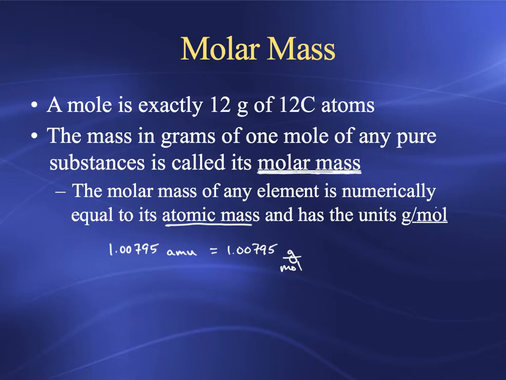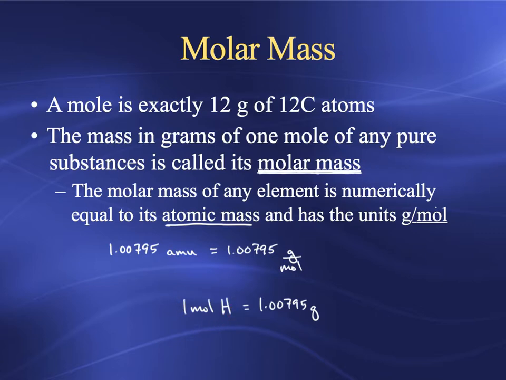What does that mean? If I want 1 mole of hydrogen atoms, that is going to equal 1.00795 grams of it. If I had a scale that could magically measure out 1.00795 grams of hydrogen, I would have exactly 1 mole of it.